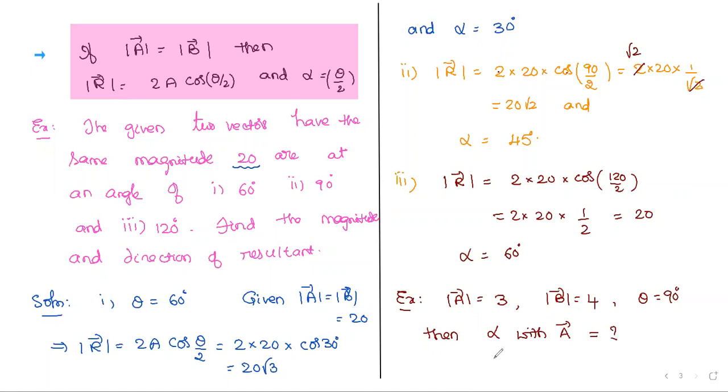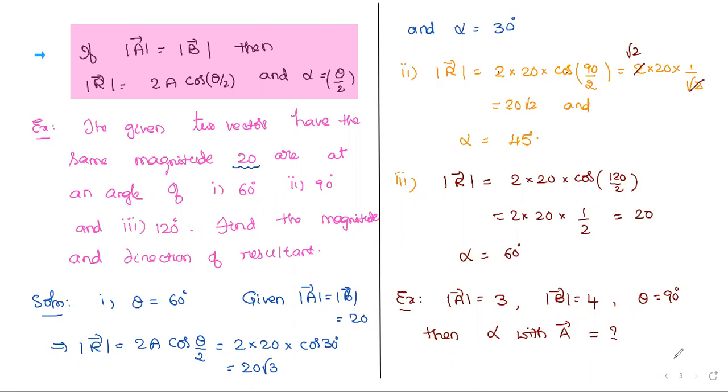Are these two vectors equal, mod A equals mod B? If mod A equals mod B, then you can set alpha equal to theta by 2. Don't apply the formula for all cases. Look at the condition. Very good, Srinidhi Priya.